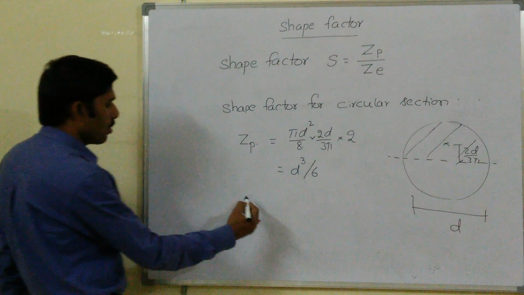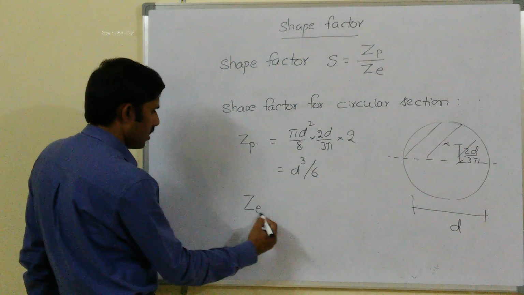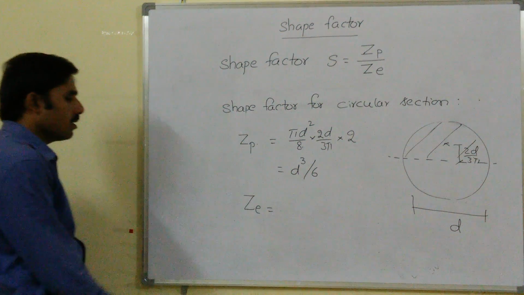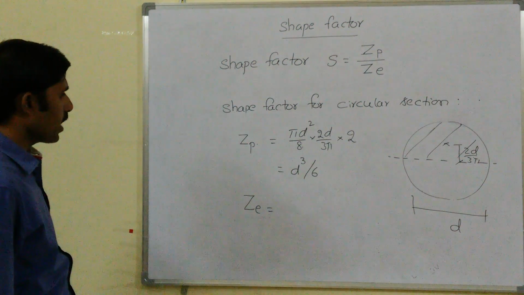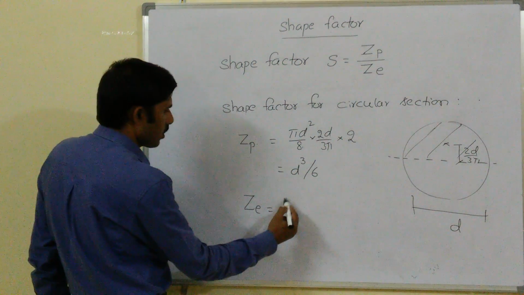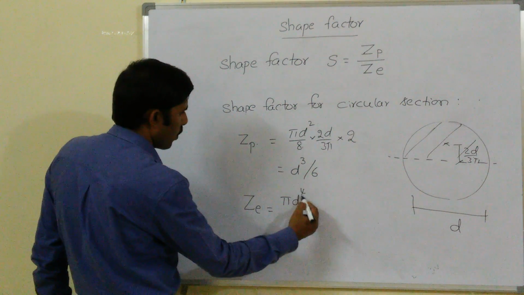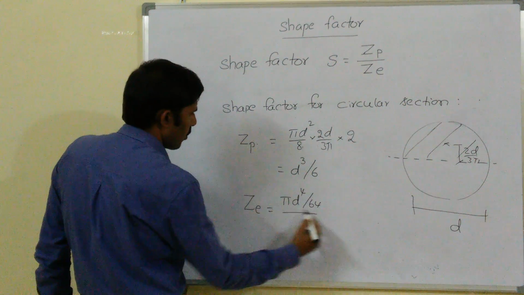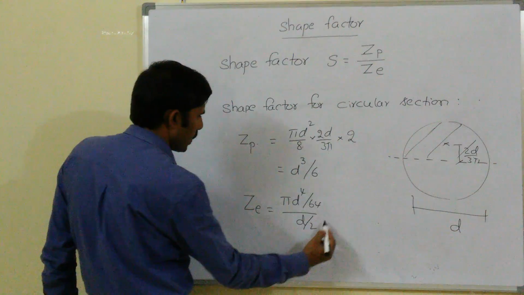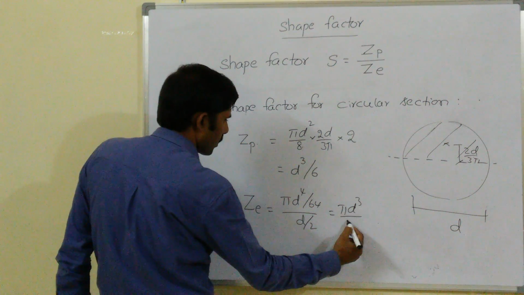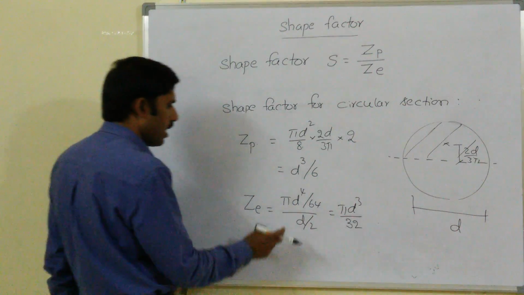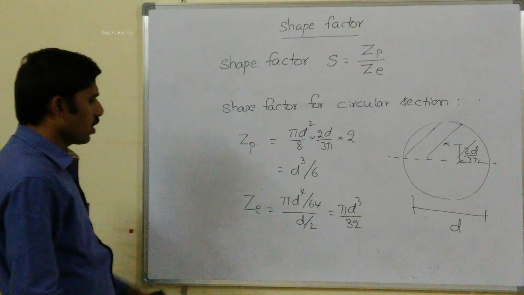What is the section modulus? Ze. Ze is moment of inertia divided by y max. Moment of inertia is pi d power 4 by 64. Y max is d by 2, that equals pi d cube by 32. That is the section modulus or elastic modulus.